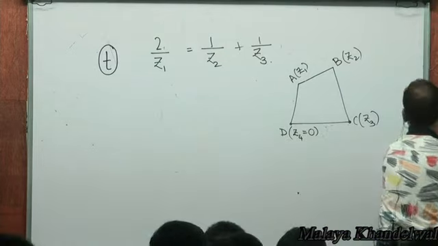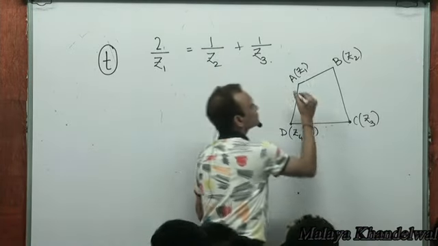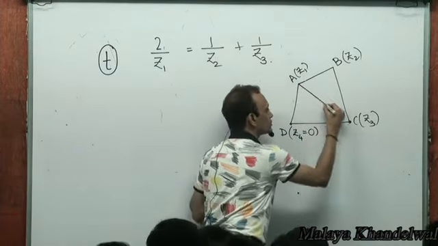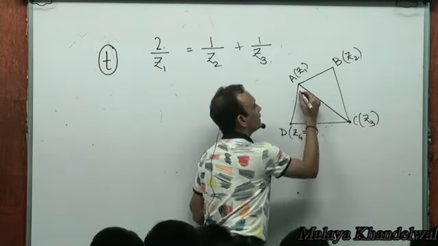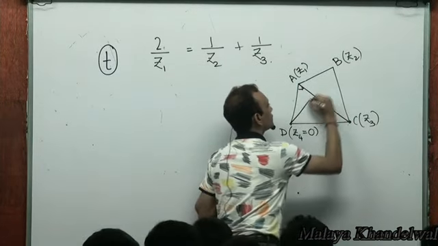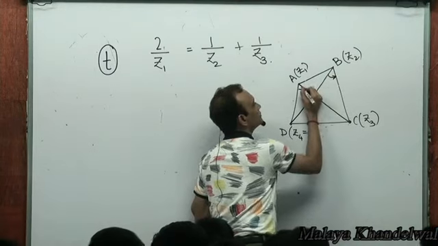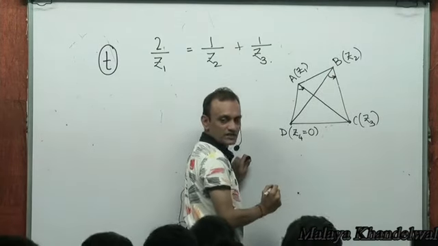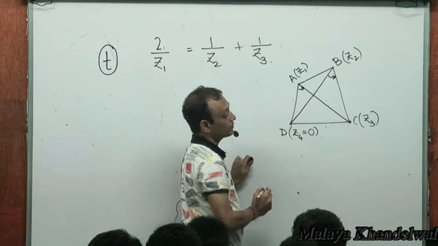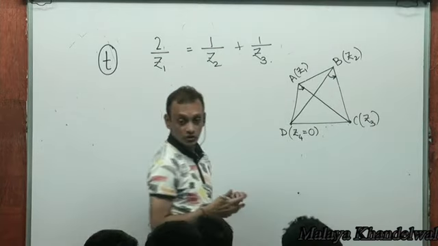Now, very clearly, if this is a cyclic quadrilateral, then this angle must be the same as this angle. Angles in the same segment?